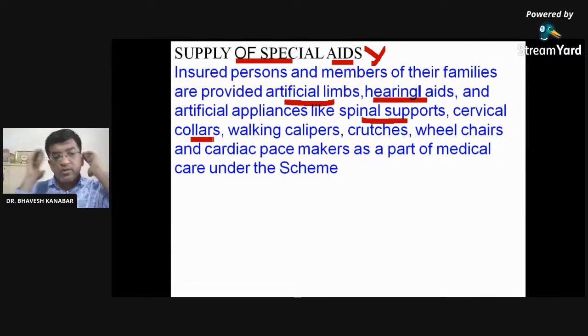You may have seen that some persons are wearing that collar while sitting in the bus or maybe in the office also, right? Cervical collar, for those who have a problem of the cervical vertebral column, slip disc or like that, right? Walking caliper, crutches, wheelchair, right? Cardiac pacemaker. So these are called special aids that are also provided under the ESI scheme, right?